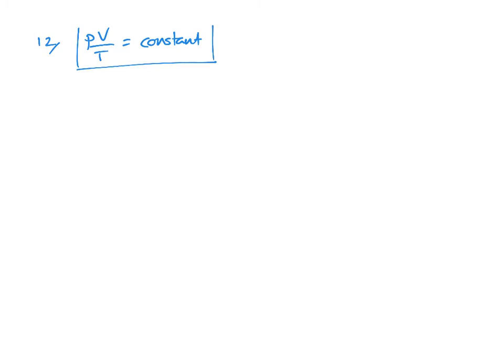PV over T equals constant. So it just joins those three relationships that we've found together for a fixed mass of gas. So in all of the laws, you're not adding more gas or letting gas escape. You're keeping the same amount of gas.